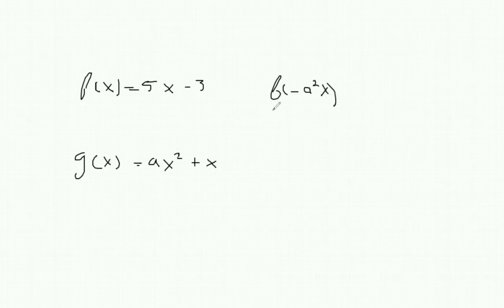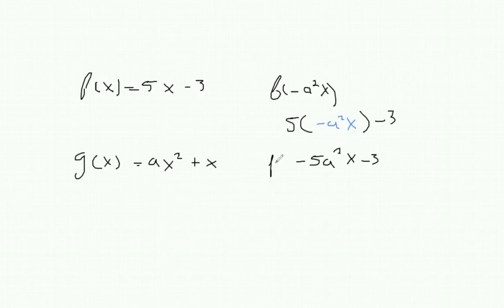Now, what that means for f of x, I just put that into the function. So I have 5 parentheses. Change my color just so you can see where it came from. Negative a squared x, minus 3. And now I just solve it. 5 times negative a squared is negative 5a squared x minus 3.